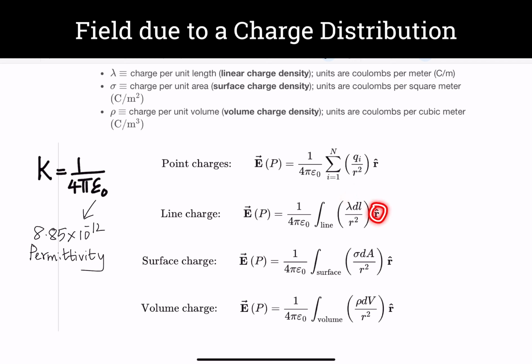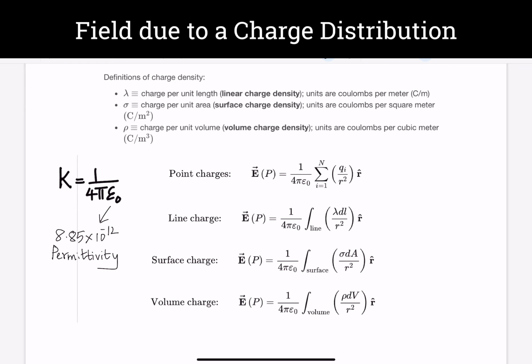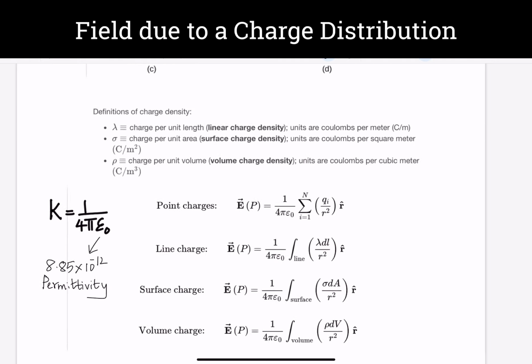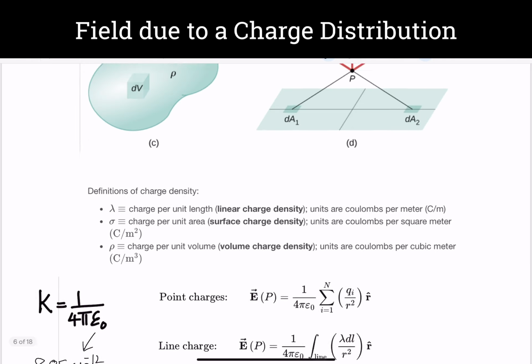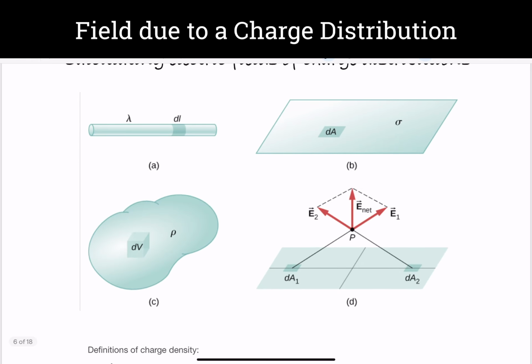And this shows the unit vector, which gives the direction of the electric field, because the electric field is a vector. Now, again, for volume charge, it's rho dV by R squared. So that is what is done when charges are actually distributed uniformly on objects.